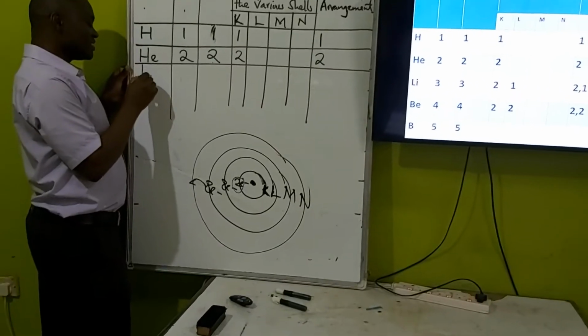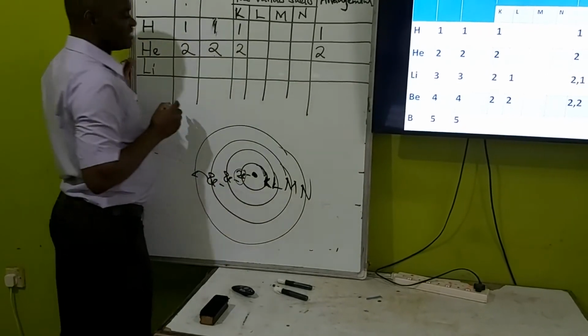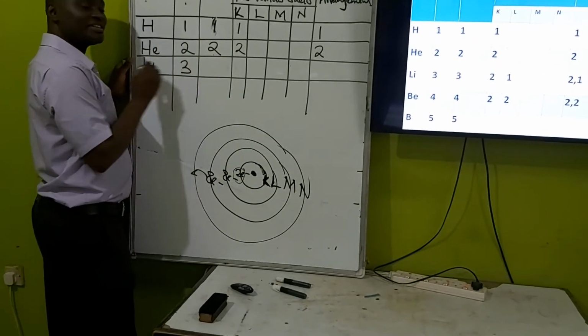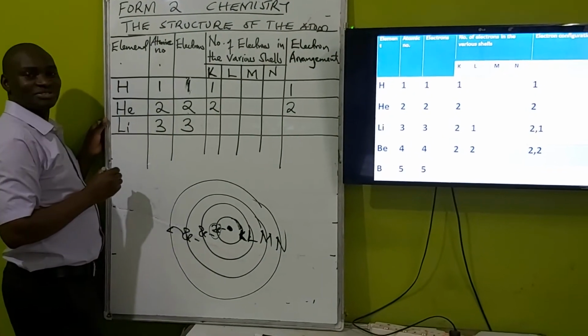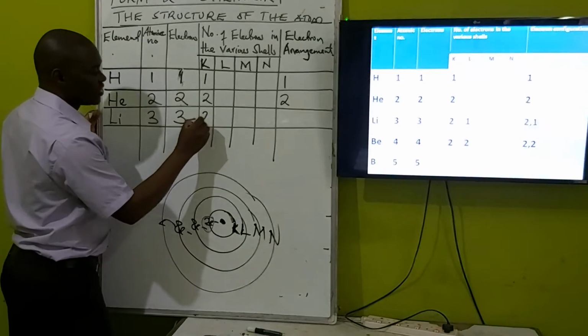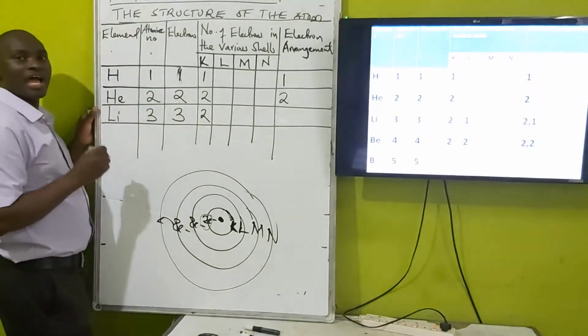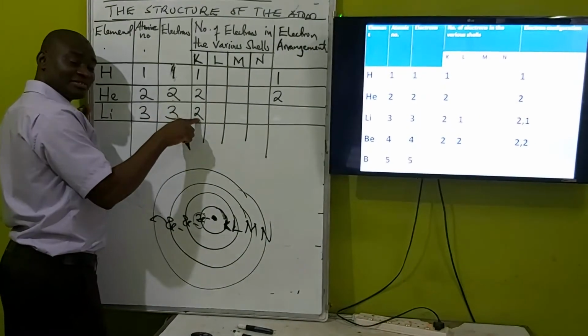We come to lithium. Lithium is atomic number 3. How many electrons? 3 electrons. The first energy level can take 2, so we will assign 2. How many are left? From these 3 electrons, 1 electron is remaining.